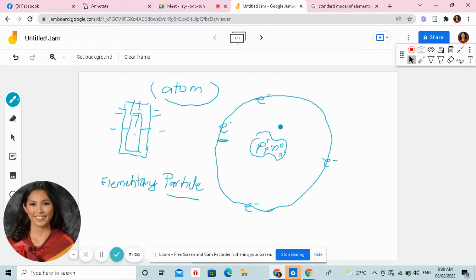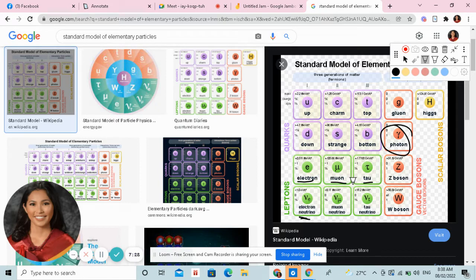Are they elementary particles? Yes or no? Yes, ma'am. Where do we find them here?